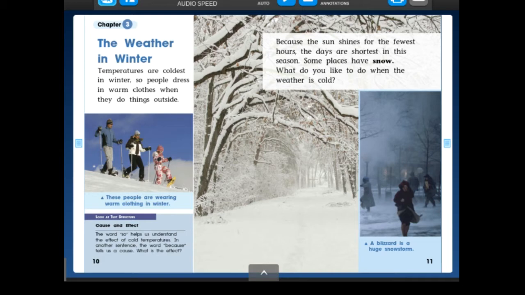As you're reading books at home with your parents and on your own, I want you to be looking for cause and effect wherever you may find it. You can even do it when you're watching a movie or television. Asking questions that have a why in them, you are talking about cause and effect. Why did something happen?